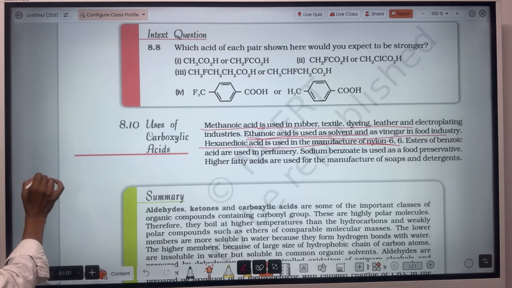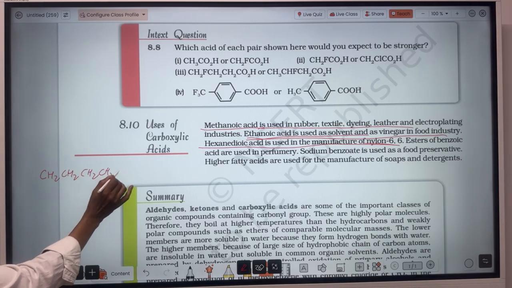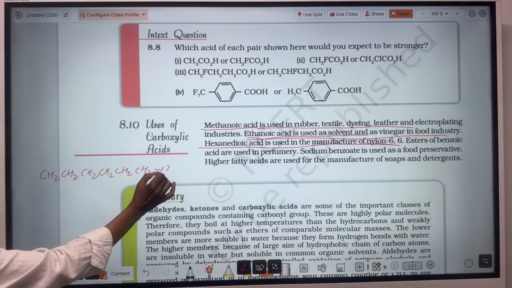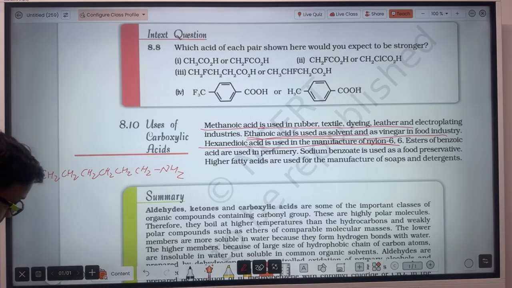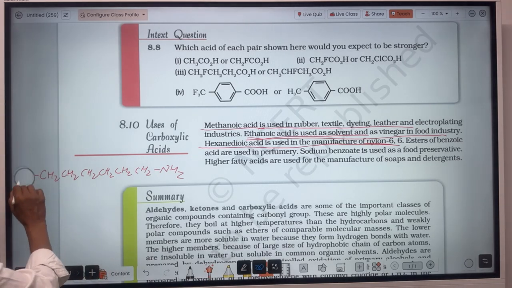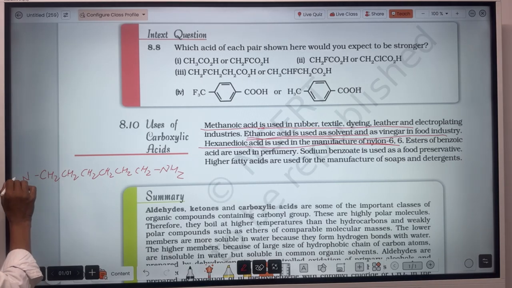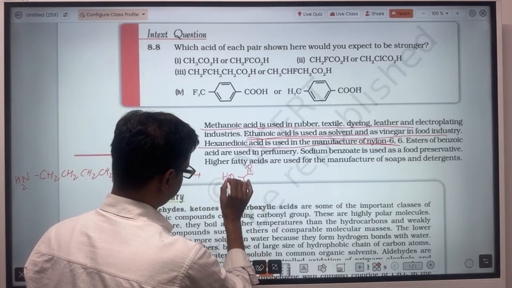So there is a same 6 carbon chain here. There will be amine. Hexane-1,6-diamine will react with hexane-1,6-dioic acid. How the nylon 66 forms, the hexane-1,6-diamine reacts with hexane-1,6-dioic acid.